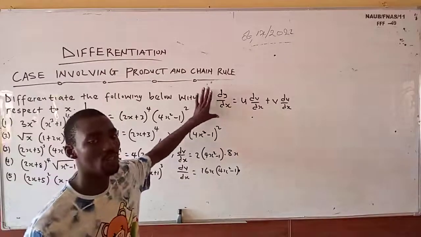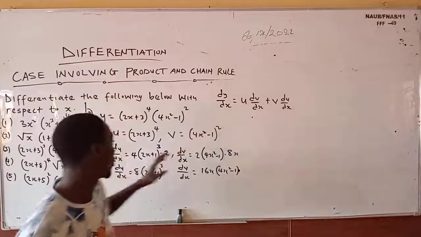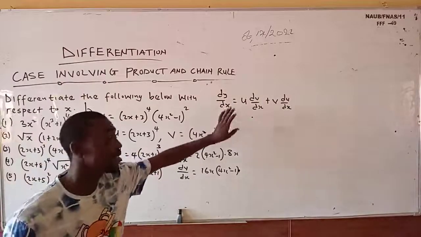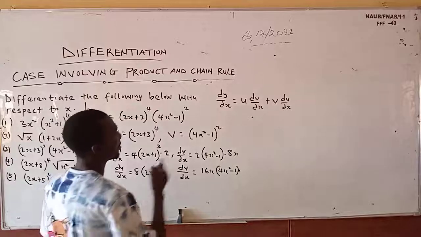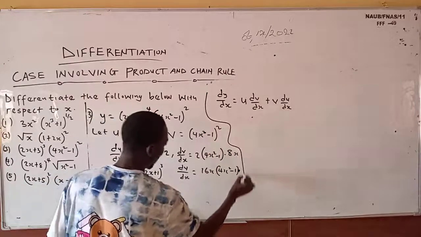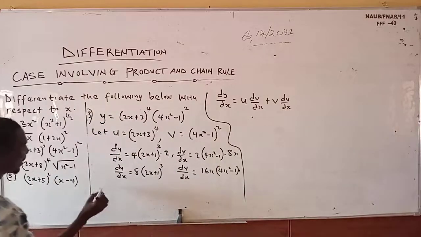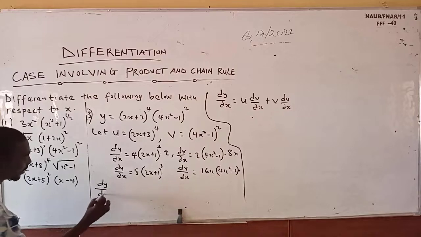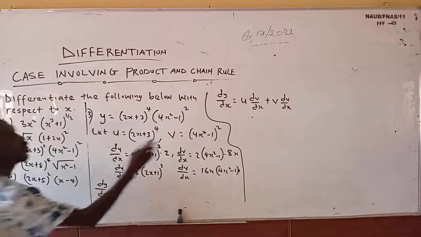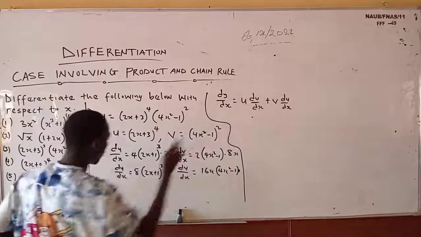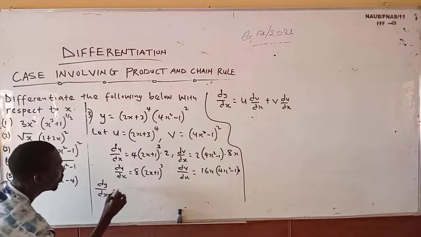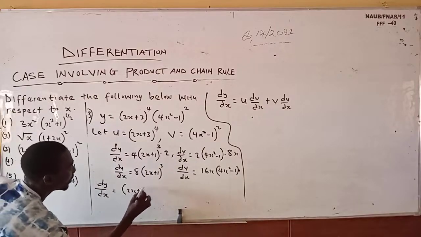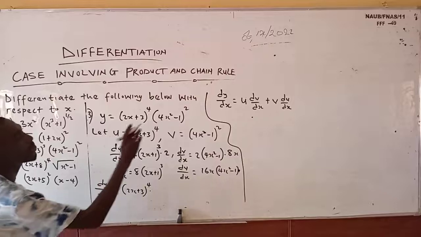So now the next thing is to substitute all these parameters inside this formula. So it means that the y over the s, okay, let me write it here. The y over the s will be equal to u dv ds. U, what is u? This is u. U is 2s plus 3 all to the power of 4 multiplied by the dv ds.